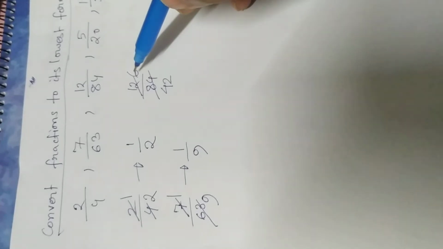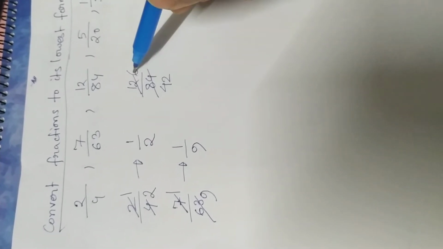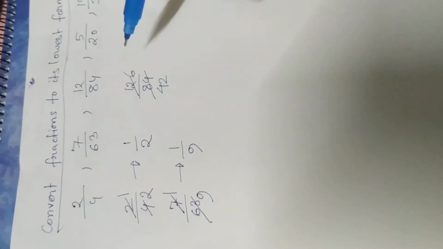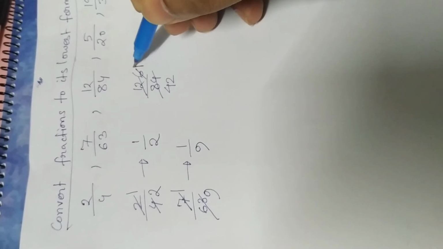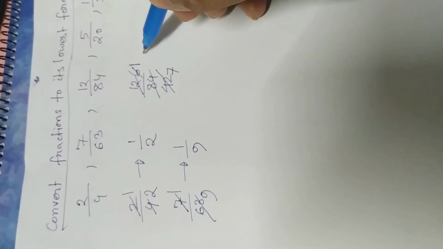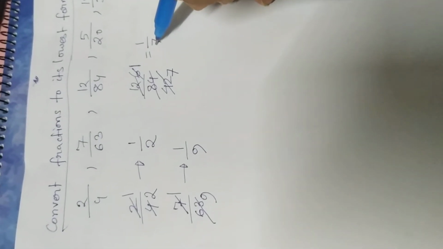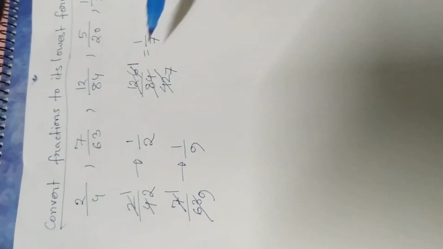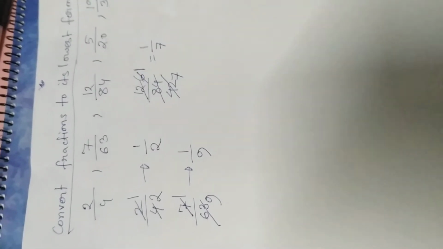Again, if you see, both 6 and 42 are divisible by what? 6. It's in the 6 times table, right? So we can write 6 ones are 6, 6 sevens are 42. So what do we get? 1 by 7. The bigger number you divide the fractions with, the easier it gets.